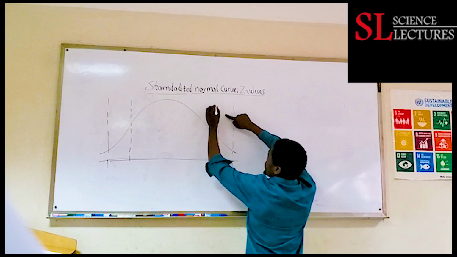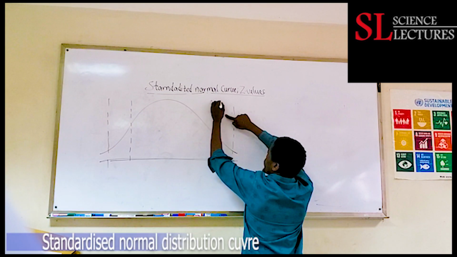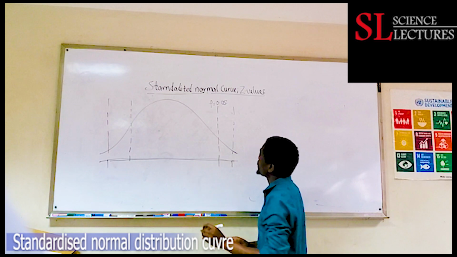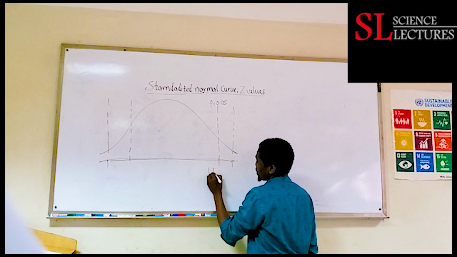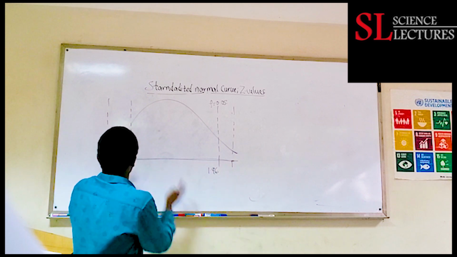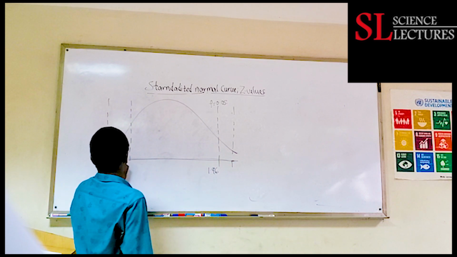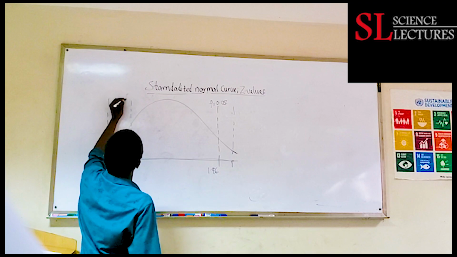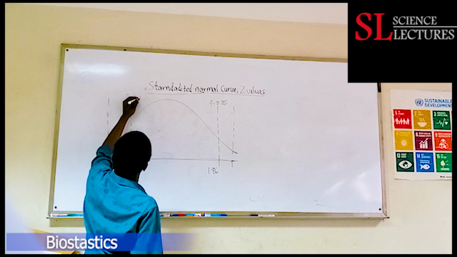So this is P is equal to 0.05. Then we say the critical value for Z is 1.96. What we do on the right side, we also do on the left side. So this will be negative 1.96. And this will be P is equal to 0.05.